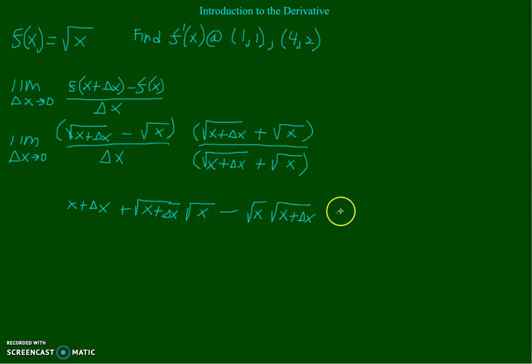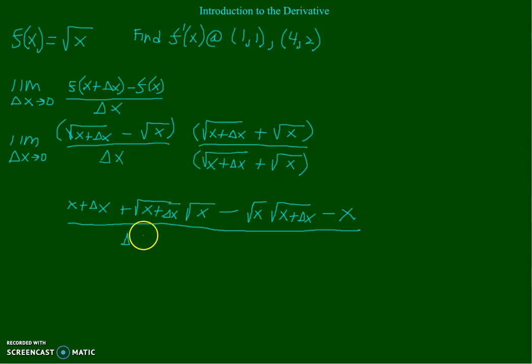This times this, minus x. So the square root of x times the square root of x is the square root of x squared, which is just x. And now in the denominator, we're just going to leave these terms the way they are.